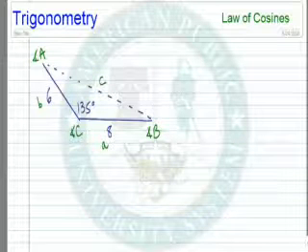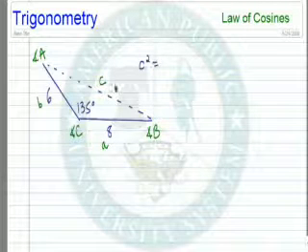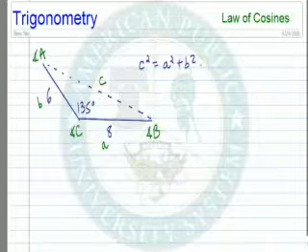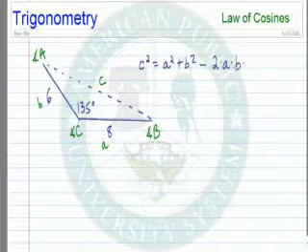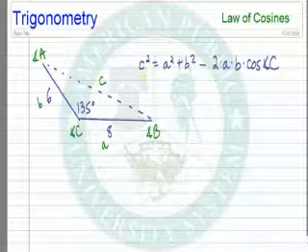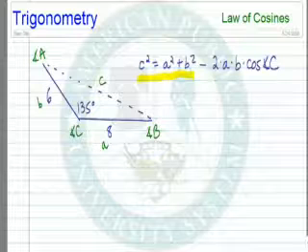But let's look at the law of cosines formula. For the law of cosines, c squared is going to be equal to a squared plus b squared minus 2 times a times b times the cosine of angle C. This part of the law of cosines should look familiar to us because it's the Pythagorean theorem.